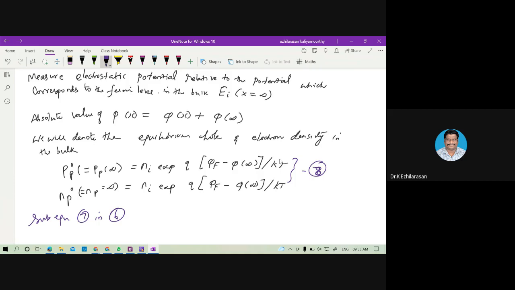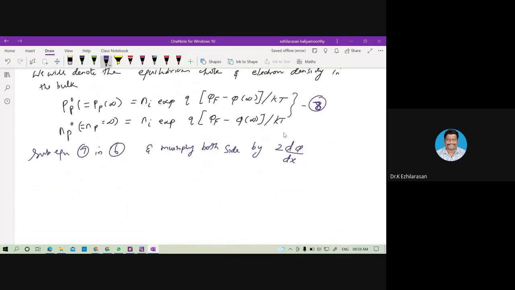After that, multiply both sides by 2 d phi by dx. Now the equation will become the integration from infinity to x of 2 d phi by dx into d square phi by dx square into dx.